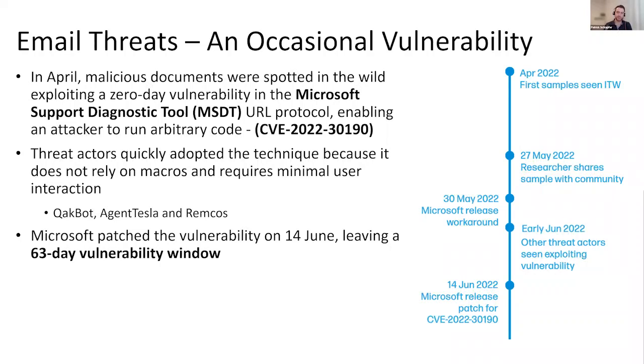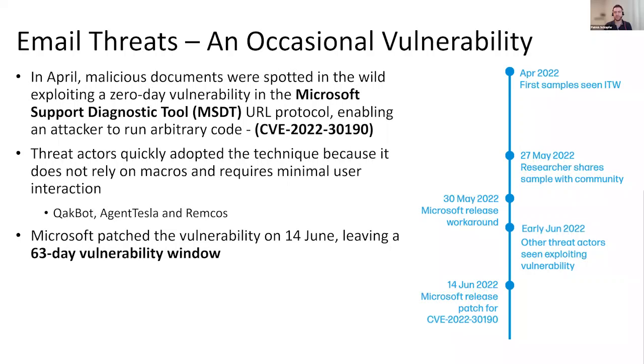This allows the user to actually execute arbitrary code, and therefore they can execute malicious code on your device. We see that the threat actors adapted pretty quickly, and we've seen multiple different malware families here, just a few like Lockbot, Agent Tesla, and Remcos-Rat, who used this vulnerability to infect victims.